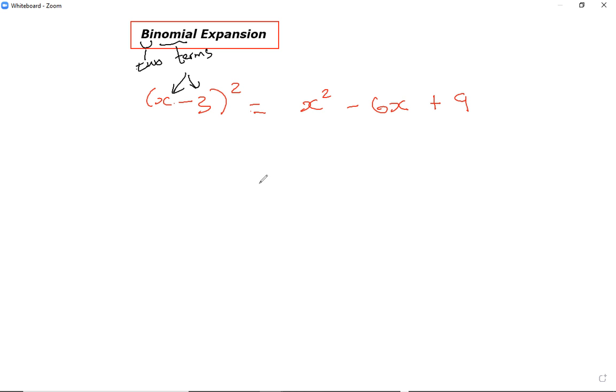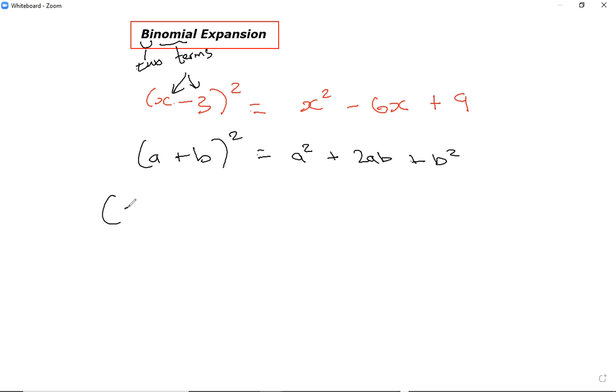Now, for the binomial expansion, initially we use a plus b, and we expand that, and we end up with a squared plus 2ab plus b squared.